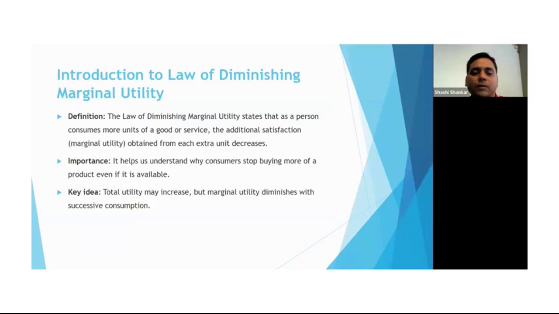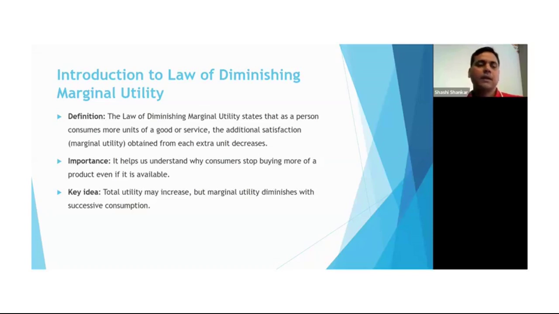Here is the word I want to emphasize more. The satisfaction obtained from each extra unit decreases, right? After a certain extent, the additional satisfaction obtained from each extra unit will start decreasing.